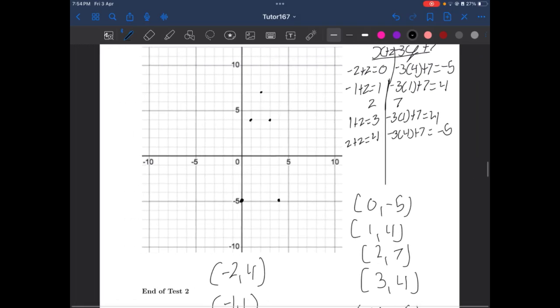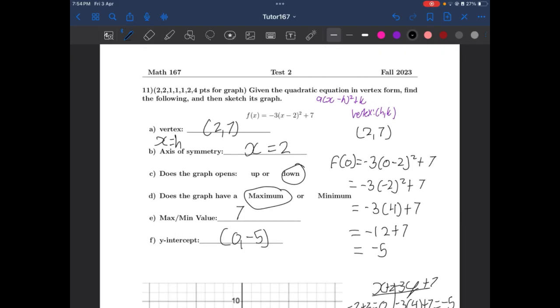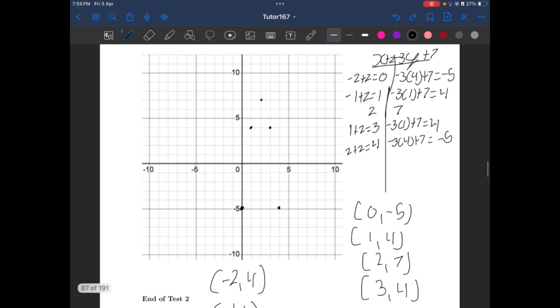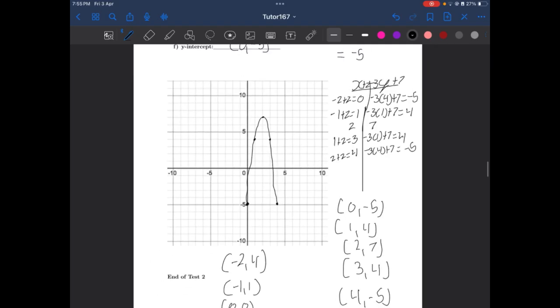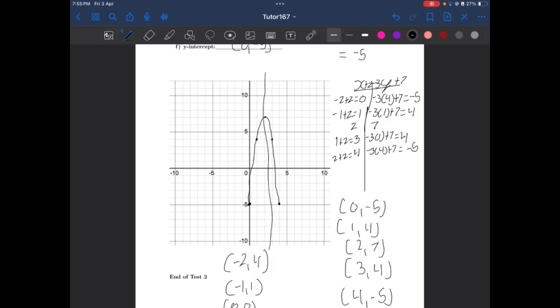You know you're doing the right thing when the axis of symmetry actually matches. So we're going to draw the line to connect the points. It's supposed to be a little curve to the top. So a little curve, like that. Okay? And you know you're doing the right thing when the axis of symmetry matches.